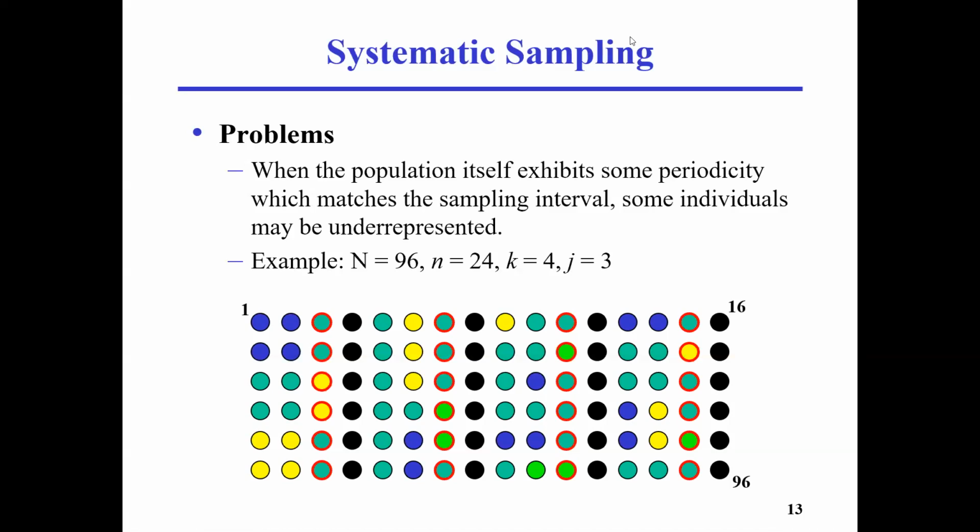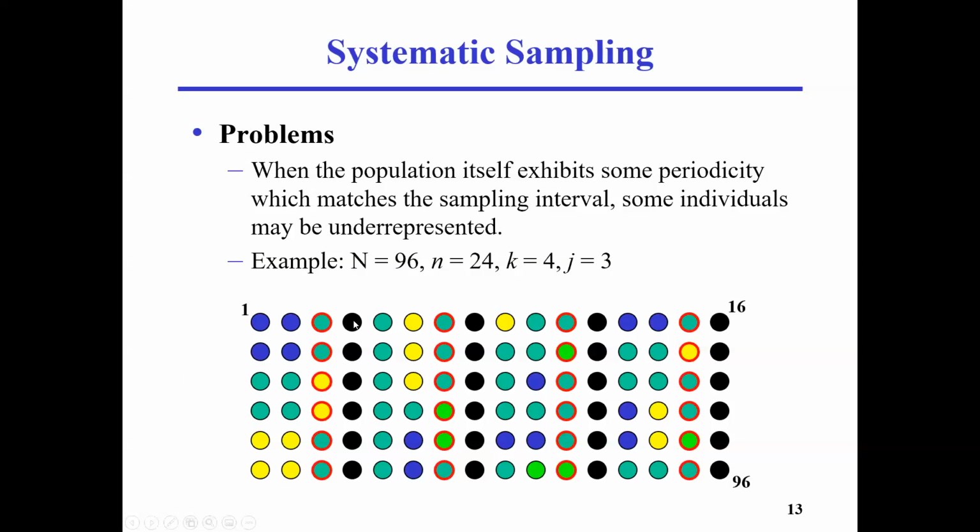Okay, what if it's not possible here because the ratio between 96 and 24 is decided, it is 4. Let's just assume it is not 4, it's 5. Then what is going to happen? Your sample will not contain only black circles, because you're going to start from the fifth individual here.